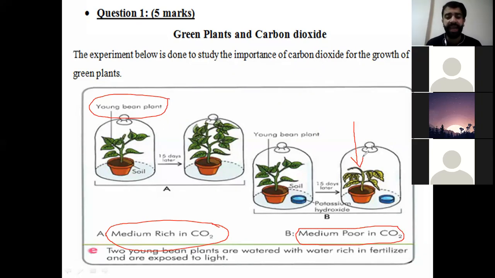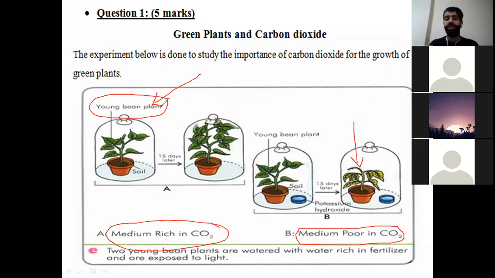What does this indicate? This indicates that the bean plants need CO2. This is specific for this experiment. We are talking about the bean plants. So this indicates that the bean plants need CO2 to grow tall and green, or to grow normally.